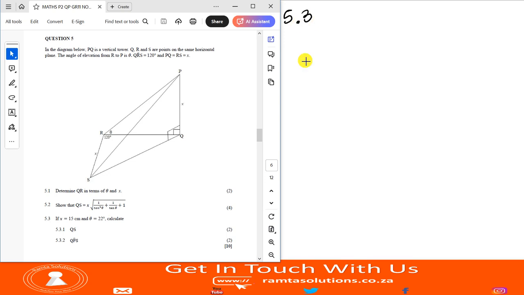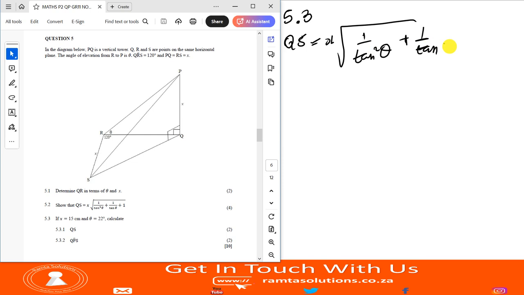5.3: if x is 15 centimeters and theta is 22 degrees, calculate QS. So we know QS, we just calculated it. QS was x times the square root of 1 plus 1 over tan squared theta plus 1 over tan theta.